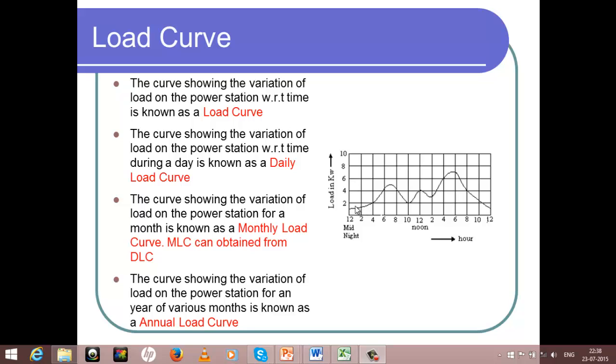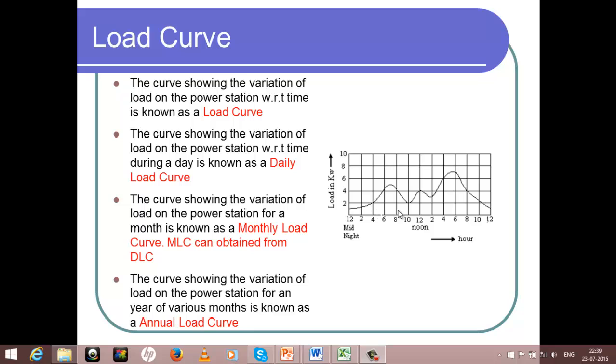From this curve we can easily point out where our peak load is occurring. If you see here, exactly between 5 o'clock and 6 o'clock, the peak period is occurring. And we can also observe the base load. Base load is the minimum load that has to be supplied all the 24 hours.